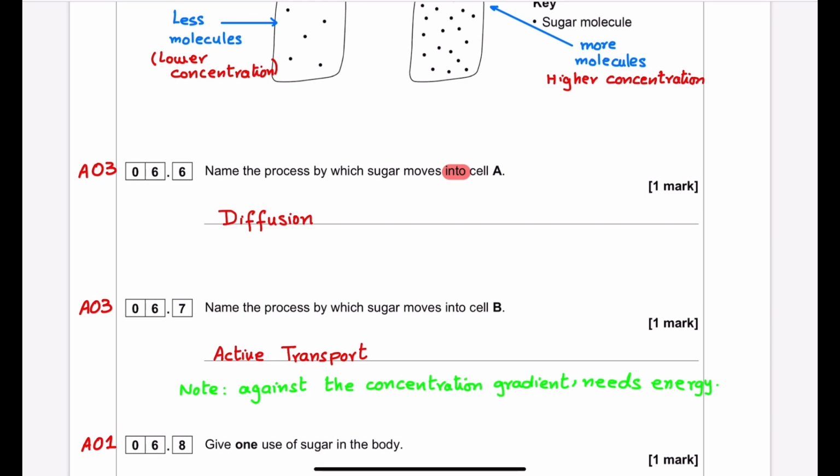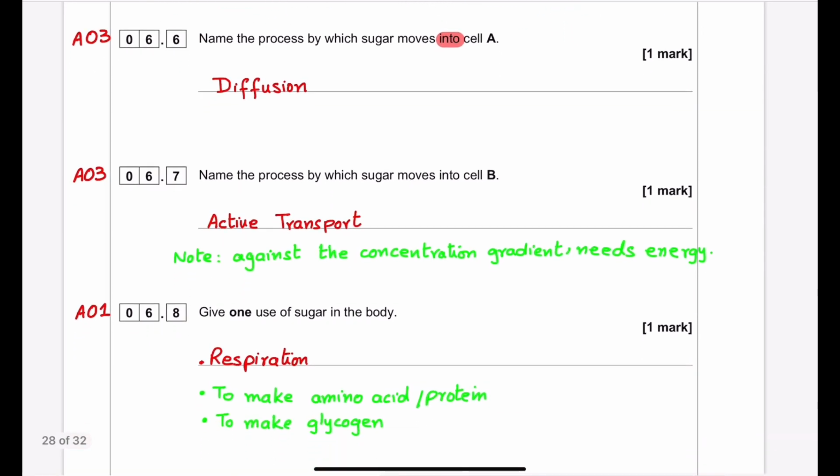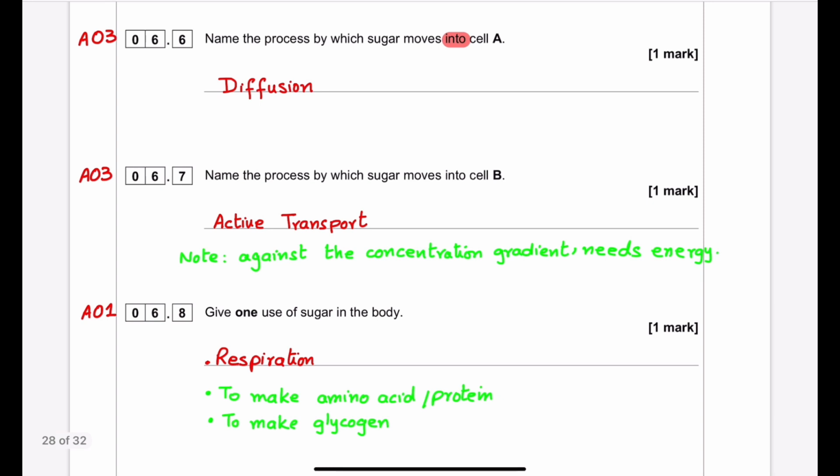The student can use other information, that sugar is used to make amino acids or protein, or to make glycogen. The model answer is, the use of sugar is for the respiration process, or to make amino acids or protein, or to make glycogen.